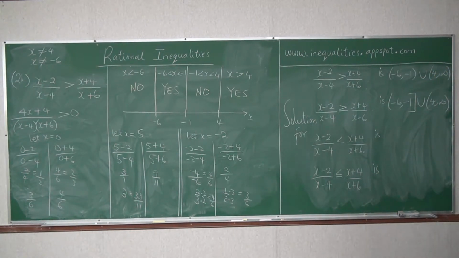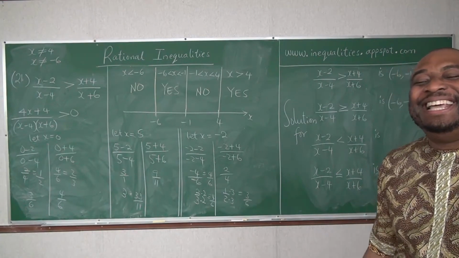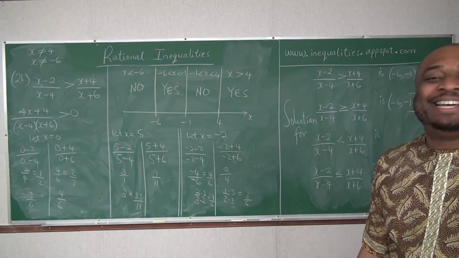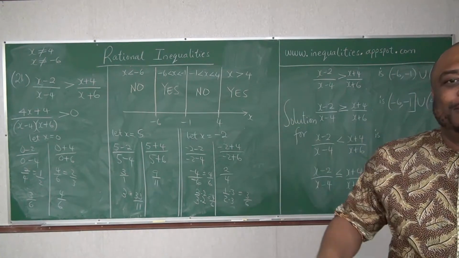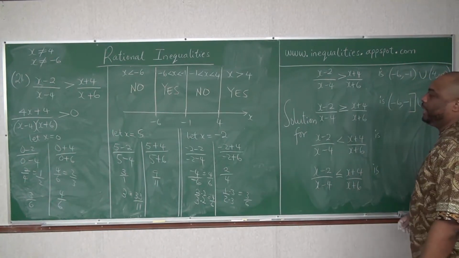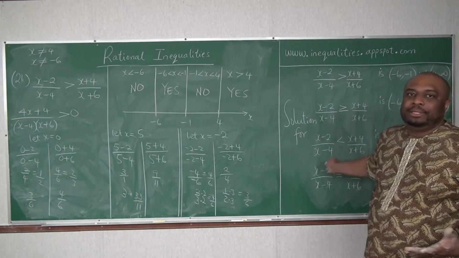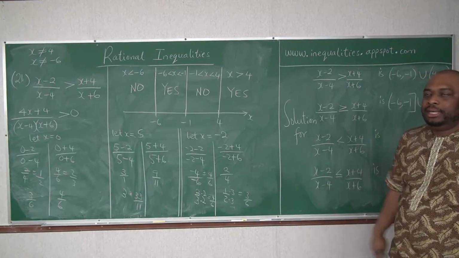Okay, the third one, less than. Of course, the less than are the no's, right? The yeses are the greater than. The less than are the no's. Okay, so we will not worry about closing because it is just less than. So nothing is closed anyway.